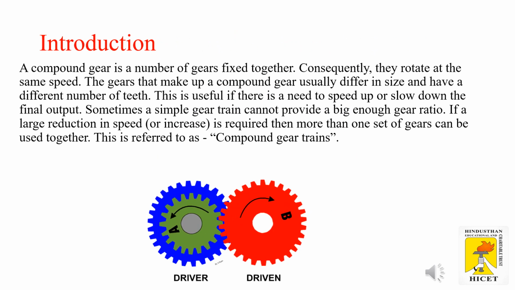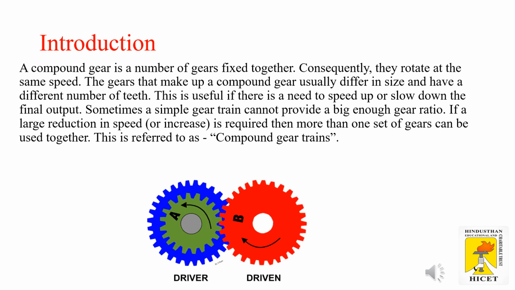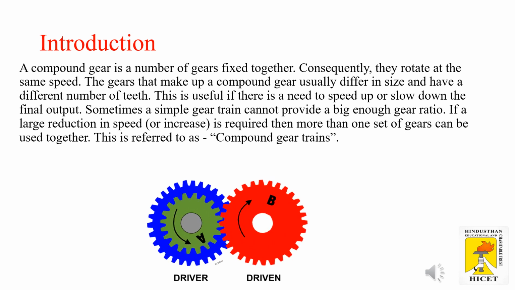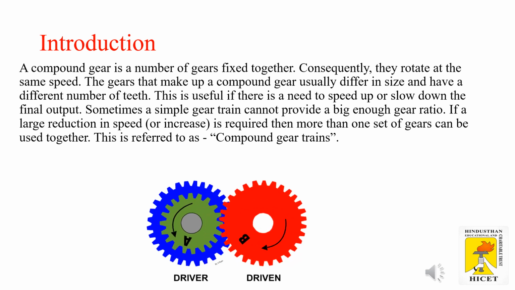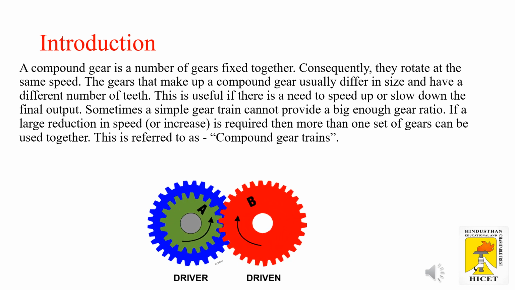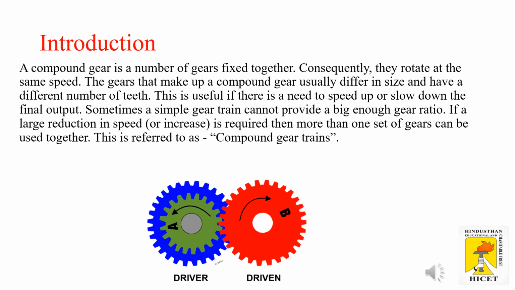A compound gear is a number of gears fixed together. Consequently, they rotate at the same speed. The gears that make up a compound gear usually differ in size and have a different number of teeth. This is useful if there is a need to speed up or slow down the final output.